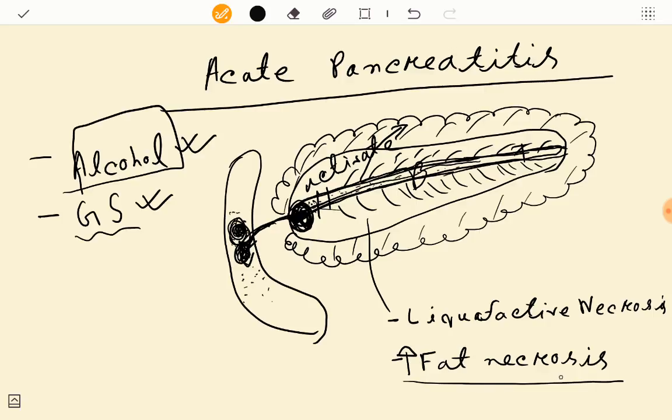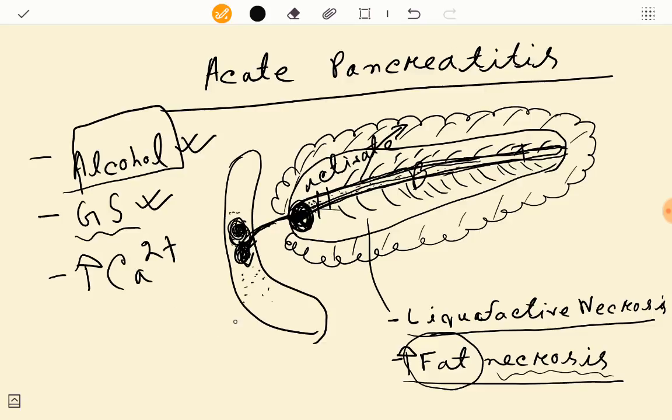The severity of the case is bad, because it not only digests the central of the pancreas, it also digests the peripheral, because the peripheral of the pancreas has fat, and fat necrosis also occurs.